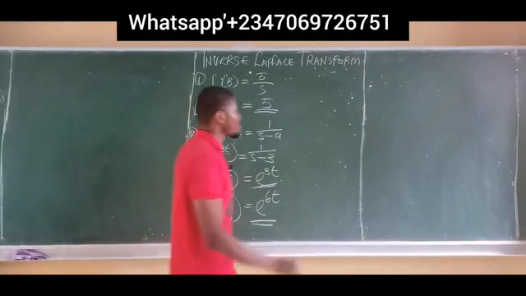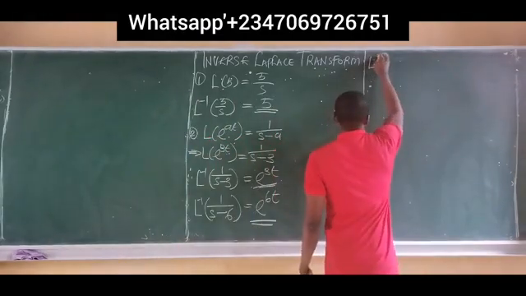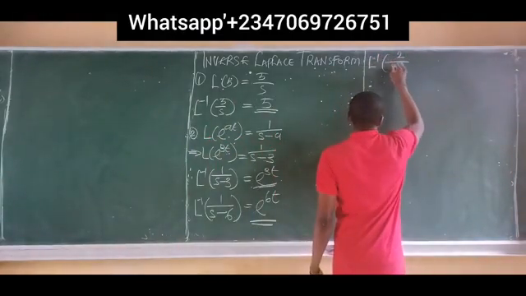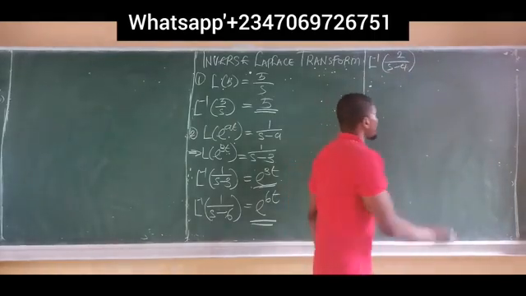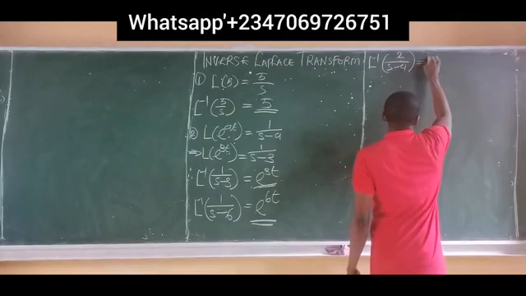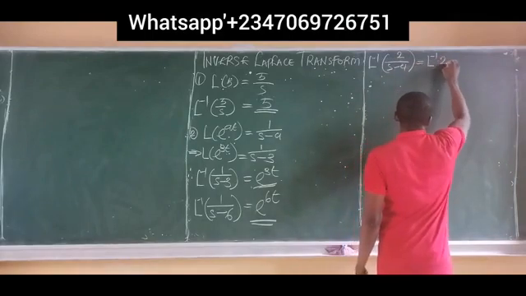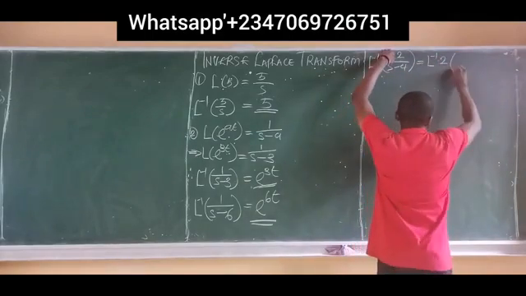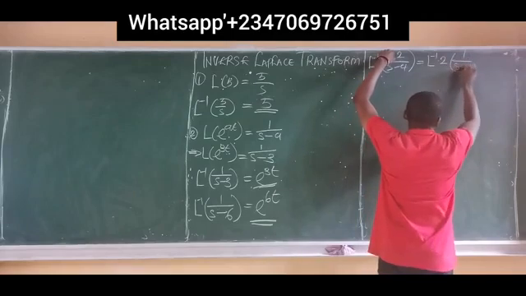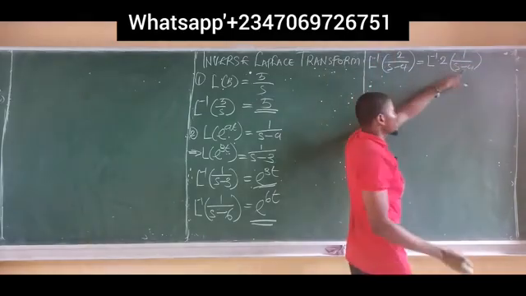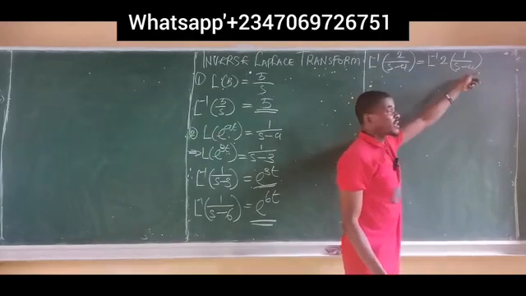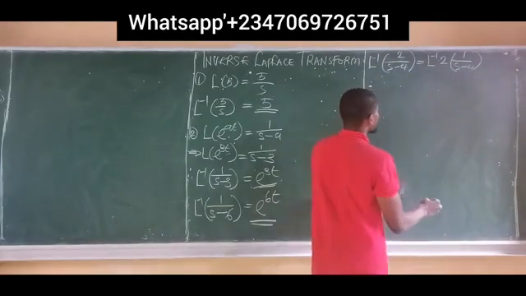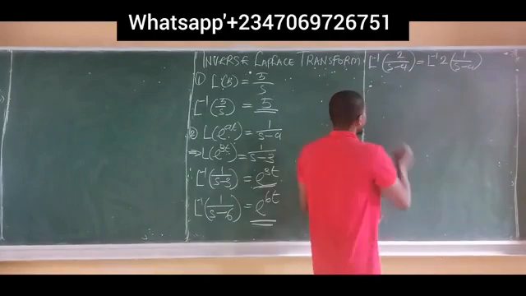If I'm also asked to find the Laplace inverse of 2 all over s minus 4, this is very simple. This is simply equal to the Laplace inverse of 2 multiplying 1 all over s minus 4. Since this is multiplication, you cannot find the Laplace inverse of 2, because 2 is multiplying everything here. So all you need to do is pull out the 2 from the Laplace inverse.